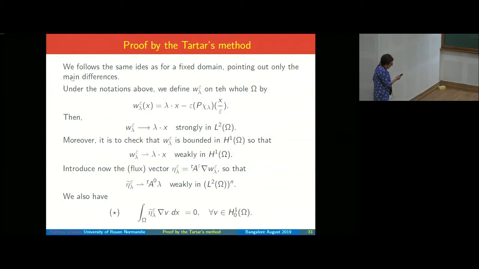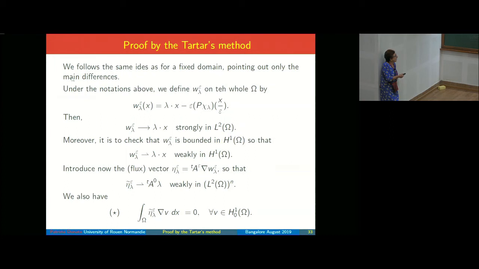So, okay, for the test function, we define again W epsilon lambda equal to lambda dot x minus epsilon. Okay, this is a tricky point. To have a test function which is still strongly converging to lambda dot x, the right way is to put the extension operator here and not here, because you don't know if the extension of the restriction of lambda dot x is still lambda dot x. So to avoid any mess, this is the right way.